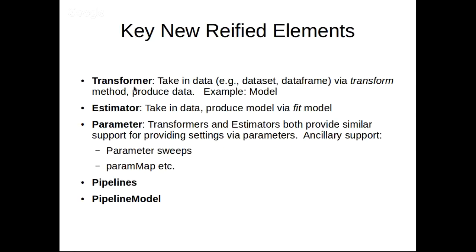So a transformer is an object whose job in life is to take in data in the form of a data set or data frame and to produce data as a result. So it takes in data, a data set, a data frame, and you call transform on that data, and it produces data as well.